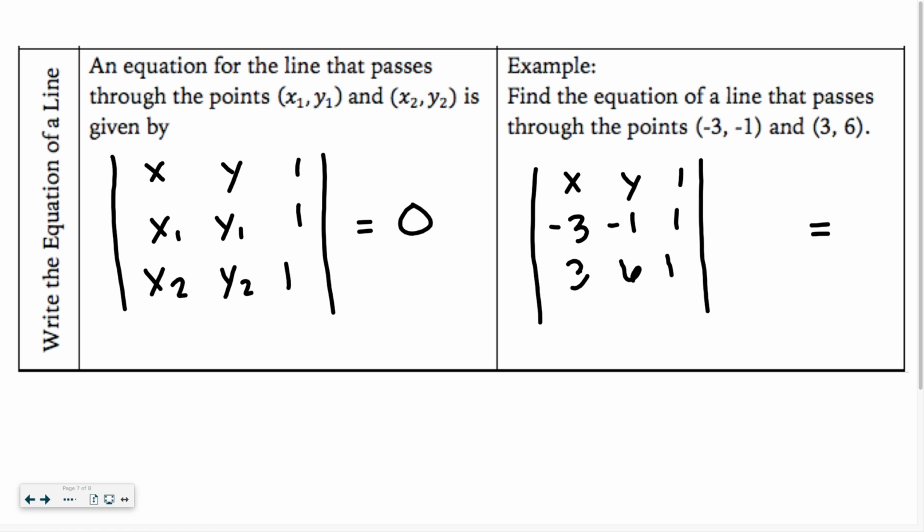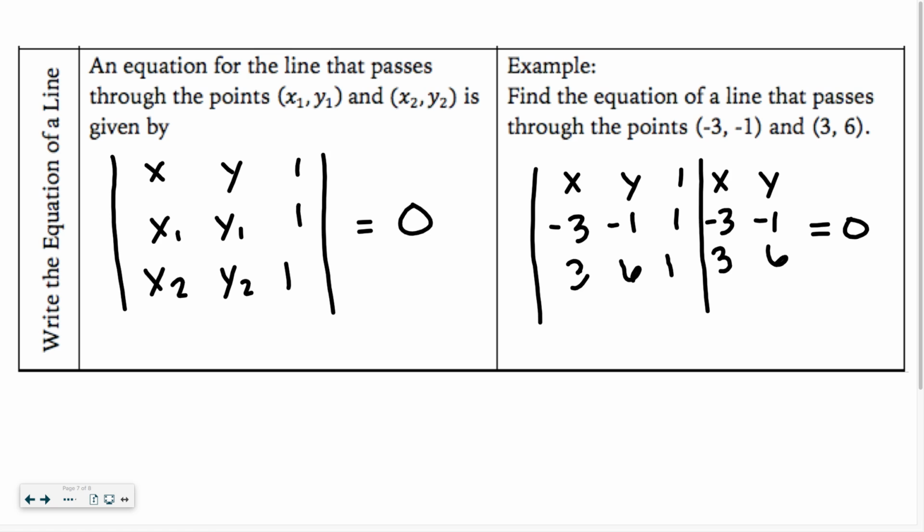And I'm going to put over here an equals 0, but I'm going to leave space so I can do my determinant, so I don't have to rewrite it. Now I copy my first 2 columns. And I do my determinant.